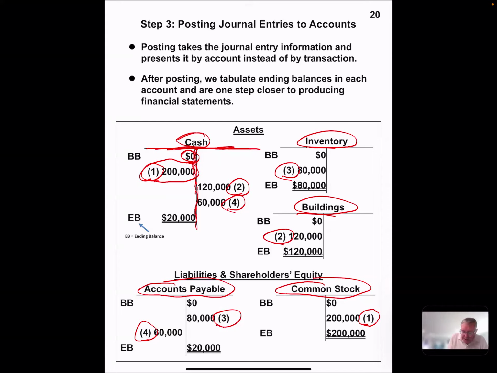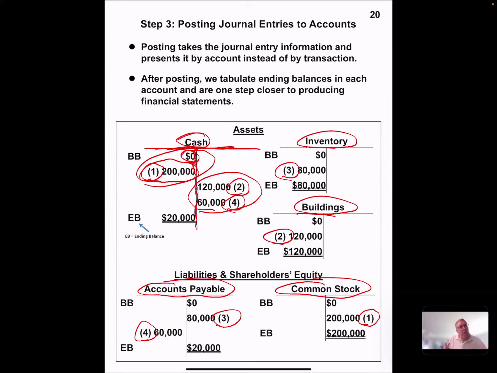So in this case, 0 plus 200,000 minus 120 minus 60, so that's a total of minus 180,000. We're left with $20,000. And overall, if you want to think of it this way, when we added 0 and 200,000 together, we had $200,000 in debits. We have $180,000 in credits.